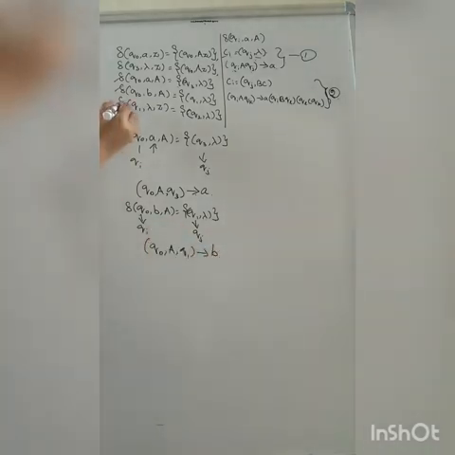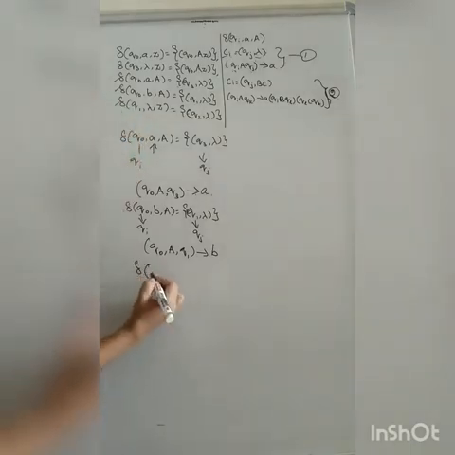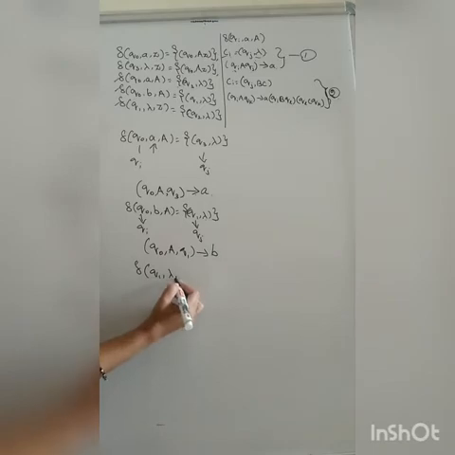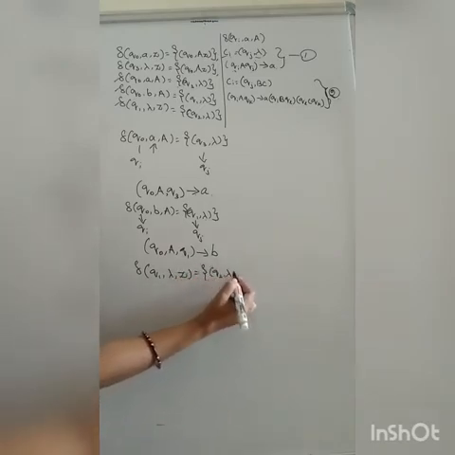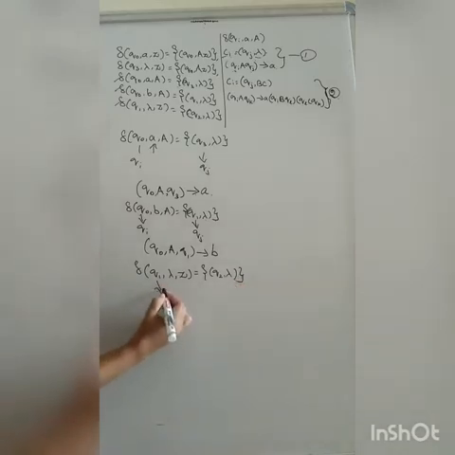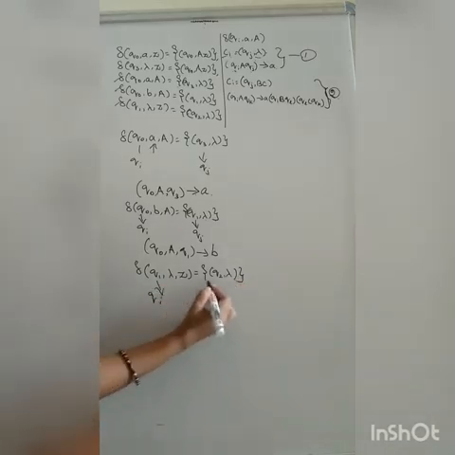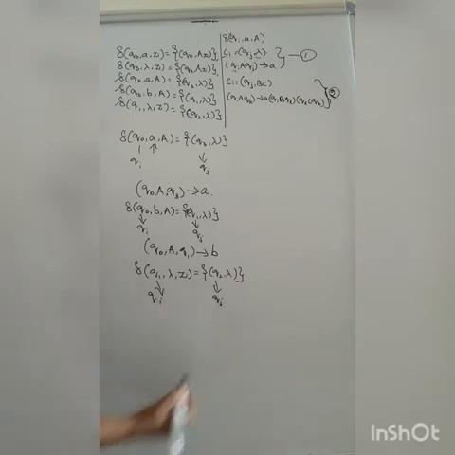In the same way, we can define the grammar for this transition also. So δ(Q1, λ, Z) = (Q2, λ). You can write it here. This one is the Qi and this is the Qj.